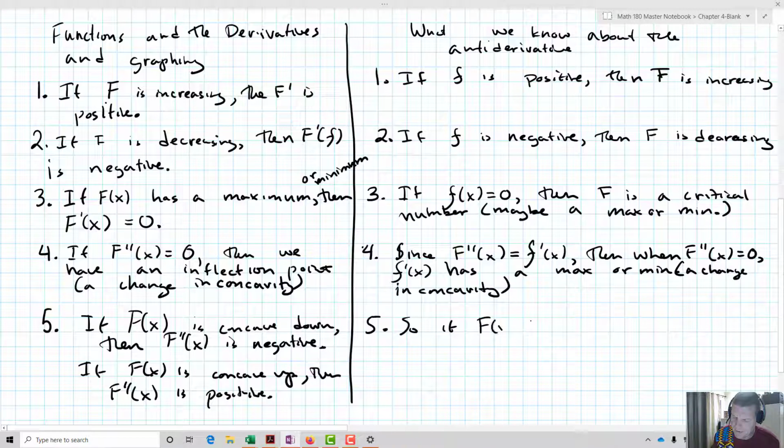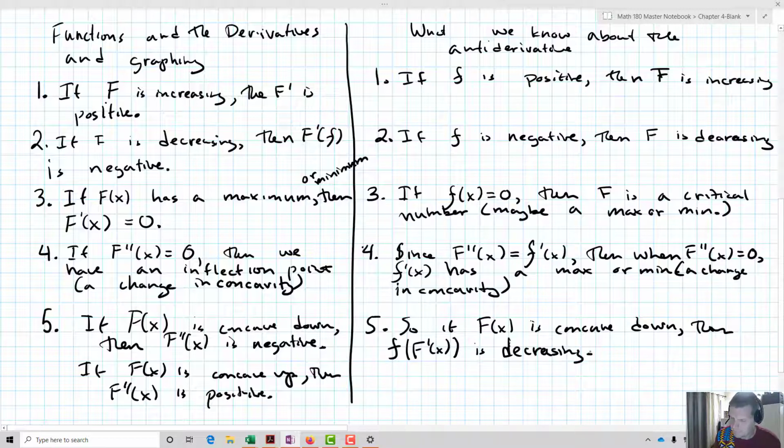If big F of x is concave down, then little f, which is our f prime of x, is decreasing. And if big F of x is concave up, then little f is increasing.